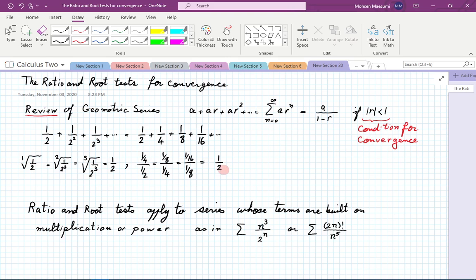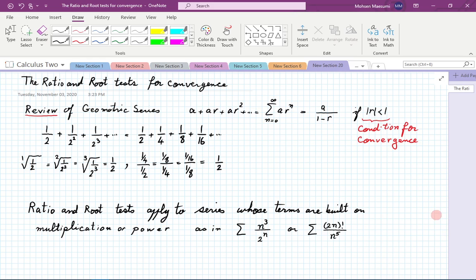If those ratios tend to be larger than 1, then the series is going to diverge. If the ratio is exactly 1 at the limit, we are going to be facing a complicated situation, and we have to go after so-called plan B to determine convergence by some other means.